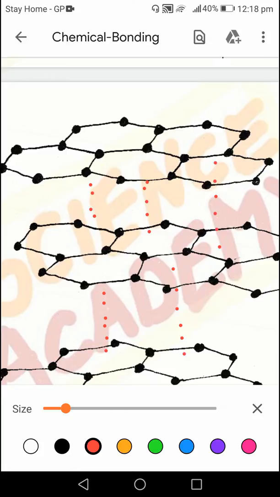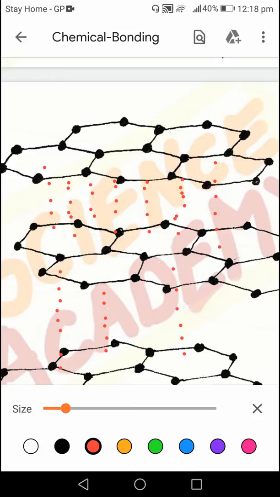A very weak intermolecular force, the Van der Waals force, is present between the layers of graphite atoms. Just look at the dots. These dots represent the weak Van der Waals forces.